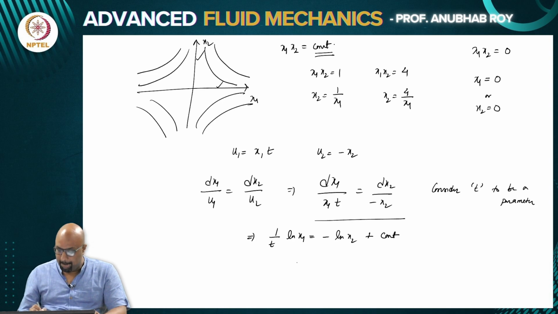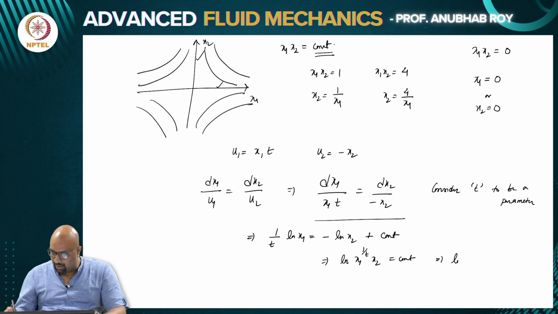Okay, so if you do this, you will have ln of x1 raised to the power 1 by t times x2 is equal to some constant. I could also write it as x1 x2 to the power t is equal to some constant, because t here is fixed at that particular instant.